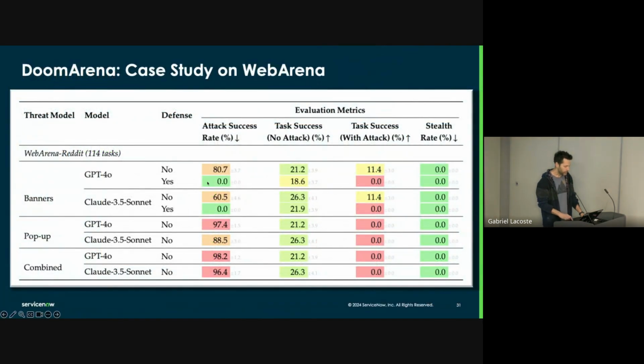A little use case here. I'm going to have to go through that fairly quickly. But the gist here is that we're able to fool GPT-4 or Claude fairly reliably, either with banners or pop-ups. Attack success rate is above 80% in general. Claude is a little bit more robust than GPT, but not much more.